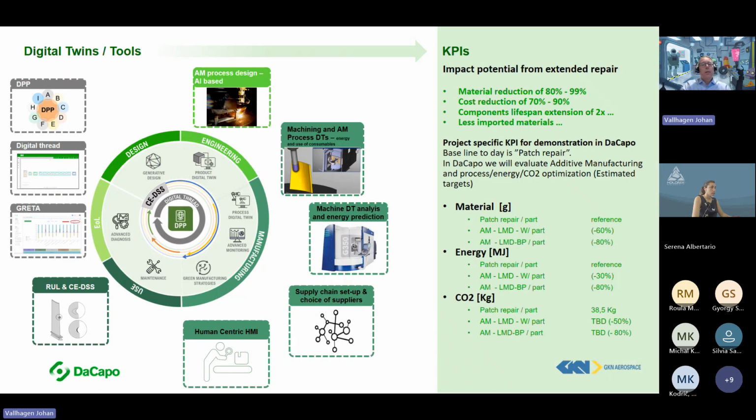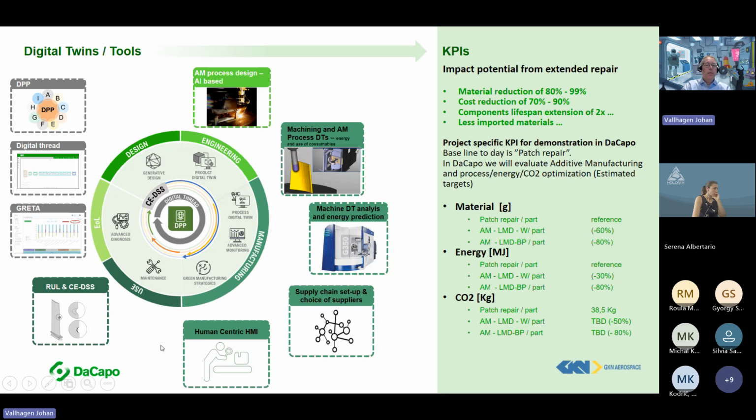Our use case in the DaCapo project is illustrated like this. The DaCapo has a life cycle perspective stretching from how you do initial engineering, or engineering to support over its lifetime, how you manufacture, or how you actually, in our case, perform the repairs.